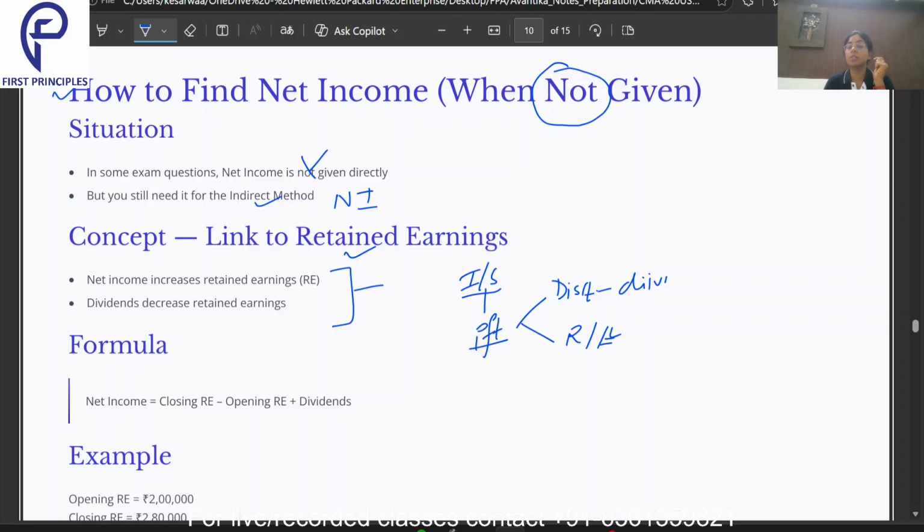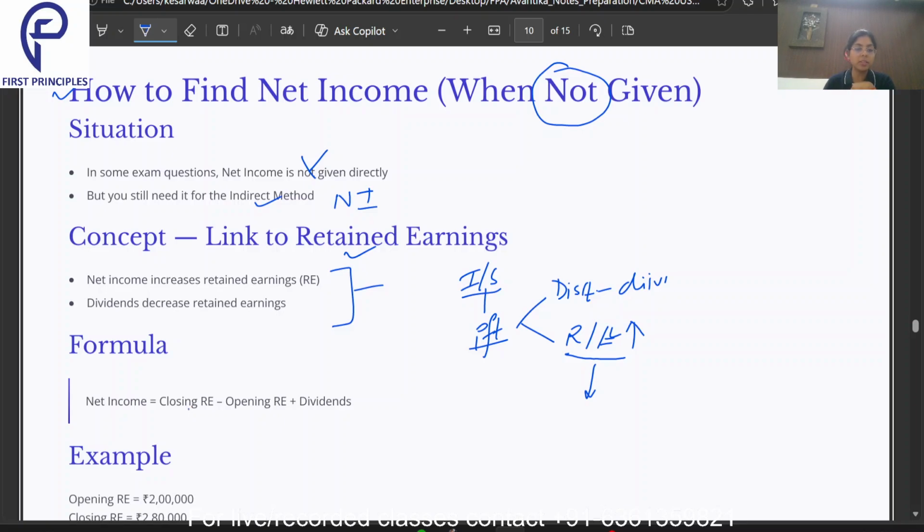It's not distributed among the shareholders. So what happens whenever we have income? Net income is gonna increase your retained earnings, and if we are giving out the money to the shareholders, we will give it out from this. So this is gonna reduce the retained earnings. So how do we calculate the net income?